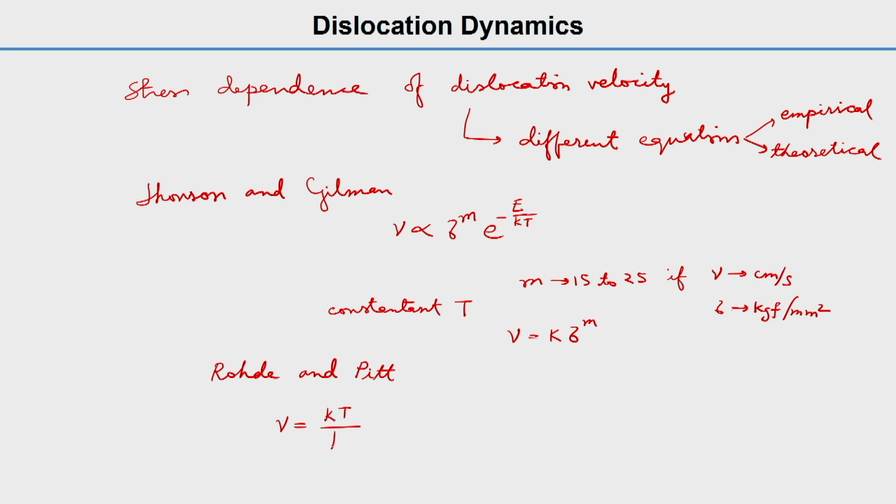So this is kT by h, capital K, exponential minus delta H by small k, the Boltzmann constant, and then exponential B tau A minus tau I divided by kT.